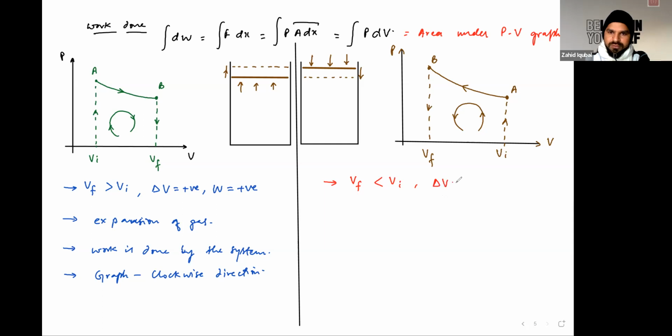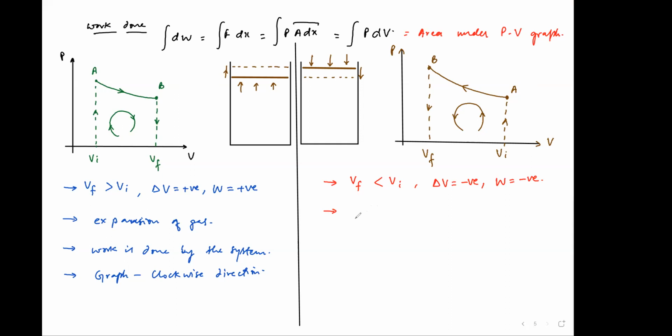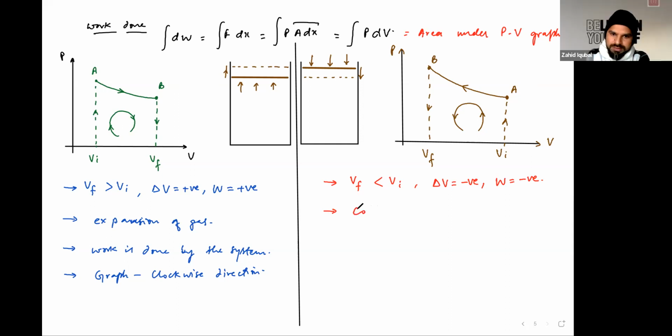So difference of volume will be taken as negative, and hence work done will be negative in this case. Whether compression or expansion of gas is taking place in this process? Compression. Good. So we can say compression of gas.